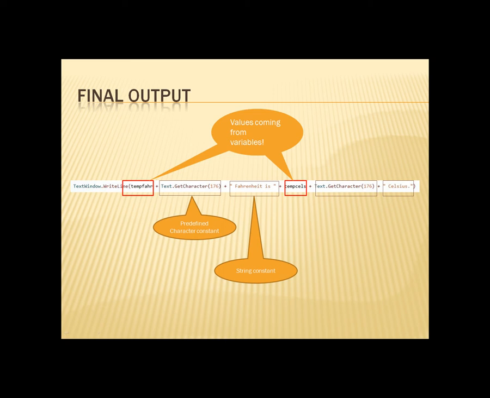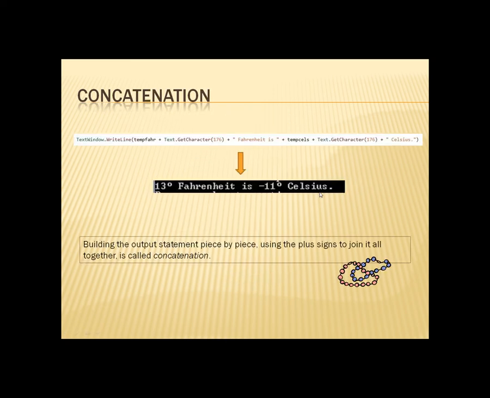Now this whole thing here that we're doing, constructing that last line of output piece by piece, we have a variable value, a predefined character constant, which I'll call the degree symbol. Then we have a string constant, and then we have another variable value, then another character constant. We're piecing this all together, one piece at a time, and joining it all together with the plus signs.